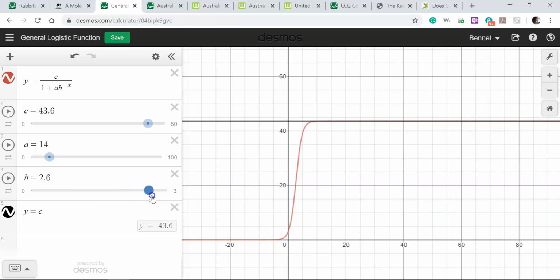A smaller b value, something closer to 1, means that it's growing a little bit more slowly. And if b is less than 1, between 1 and 0, it's actually a decreasing logistic function, which you can have. So there are a lot of different things that can be modeled with these types of functions.